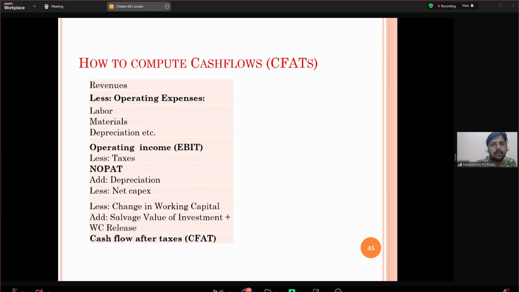The revenues we have taken, operating expenses we have deducted, then we come out with the operating income, EBIT, then we have deducted the taxes, and we have come up with NOPAT. And then we also computed CFF, the cash flows to the firm. You can go through that example to get the complete information.